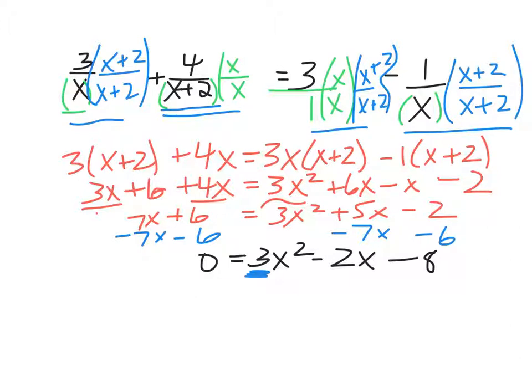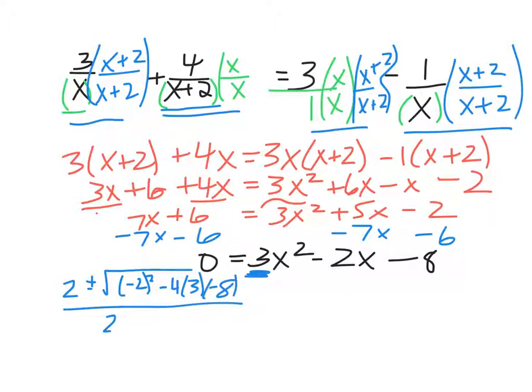I'm going to do quadratic formula in the video because I think that is what will lead you most to success. So x equals opposite b plus or minus square root b squared minus 4ac all over 2a. So 2 plus or minus, 4 plus 96 is going to be 100 over 6.